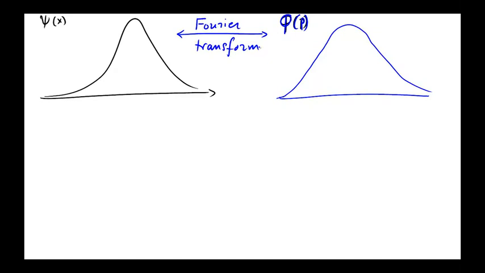Now what do you know about a Fourier transform? One thing you should know is that the more you concentrate a function in the primary domain, the more it spreads out in the Fourier domain. The more you try to concentrate it in the Fourier domain, the more it spreads out in the primary domain. So what are you to do?